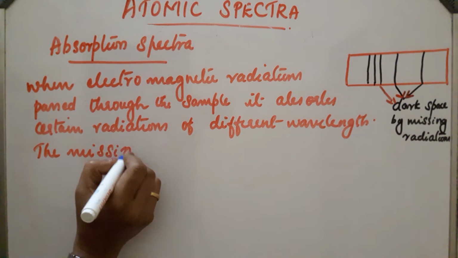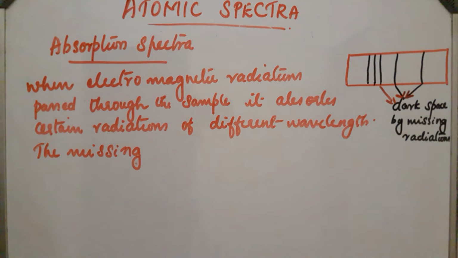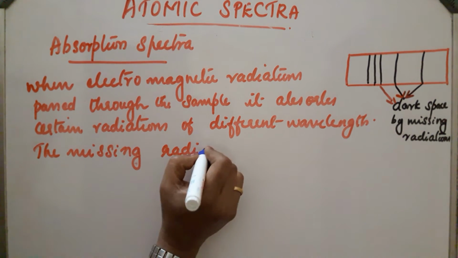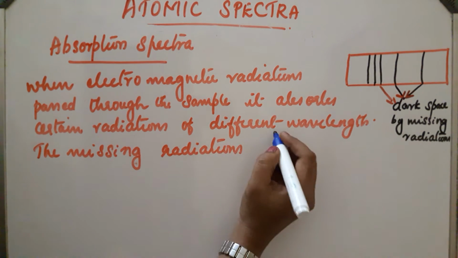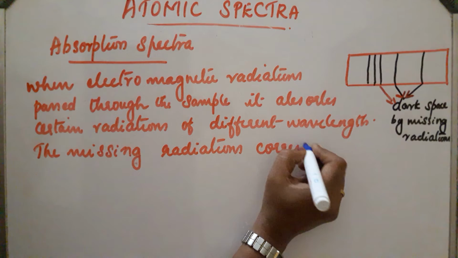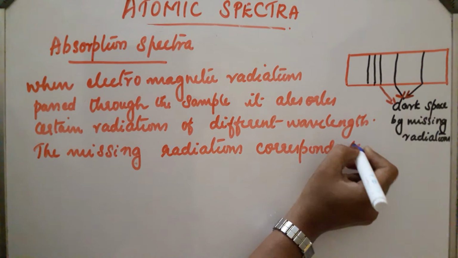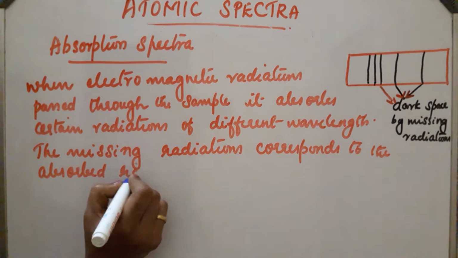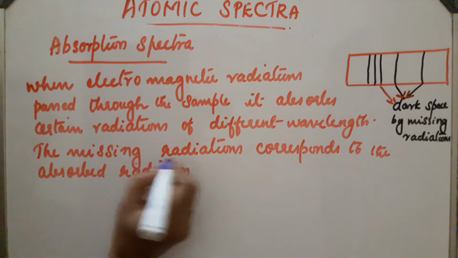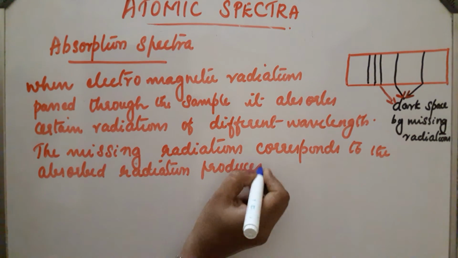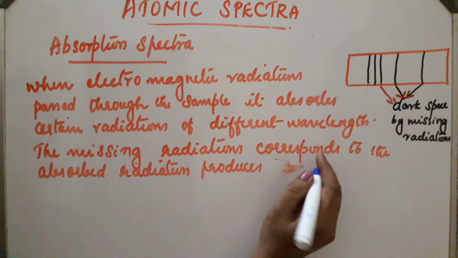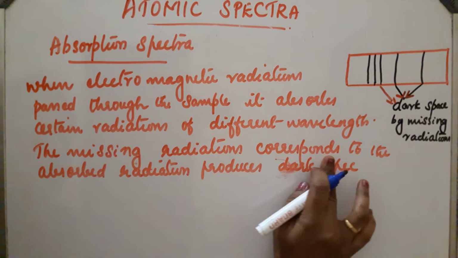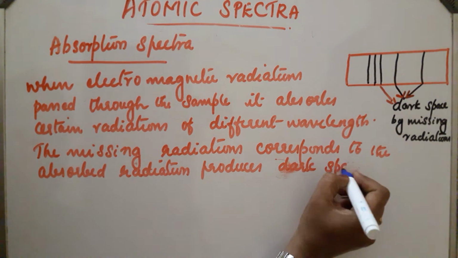During this absorption, certain radiations of different wavelengths are missing. The missing radiations correspond to the absorbed radiation, and this produces dark space in the spectrum.